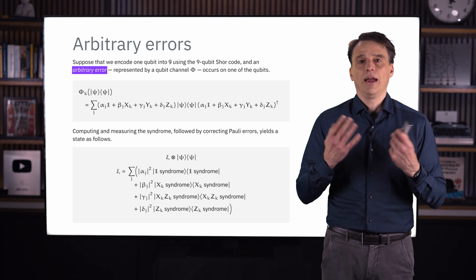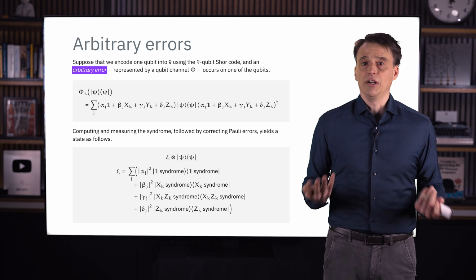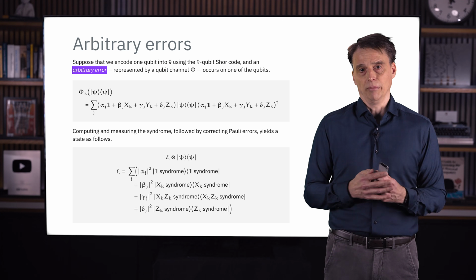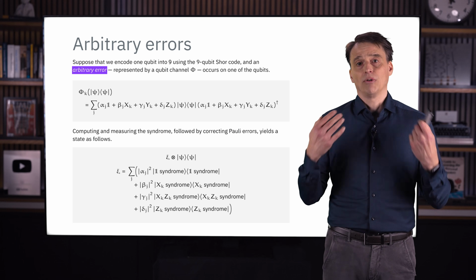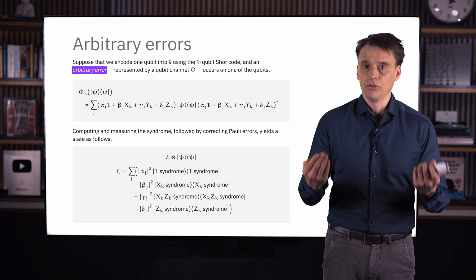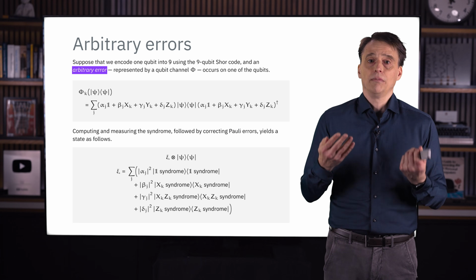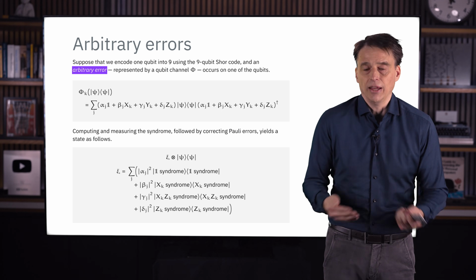In such a case, errors on multiple qubits can be expressed as linear combinations of tensor products of Pauli matrices, and correspondingly, the different possible syndromes will describe corrections that are performed on multiple qubits rather than just 1 qubit, but the underlying idea is exactly the same.